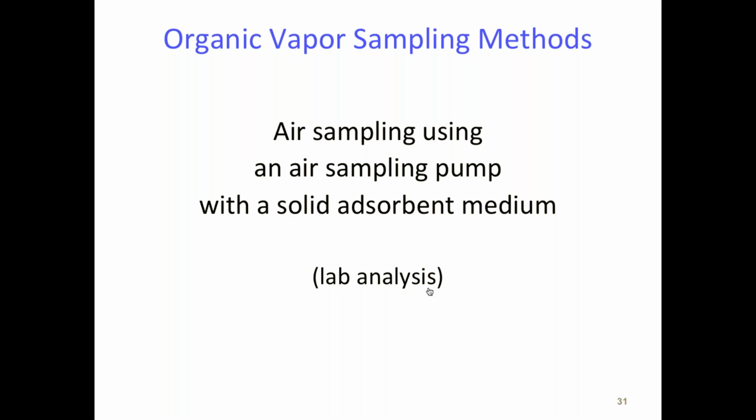Okay, so one way is to desorb this thermally. Another way is to take this activated charcoal, put it into a tiny beaker, let's say, and add a liquid to it, a solvent, commonly carbon disulfide. Carbon disulfide is a really good solvent for many organic compounds.